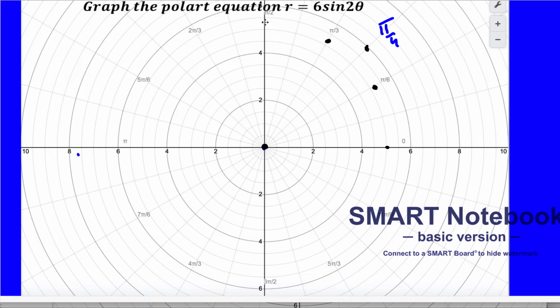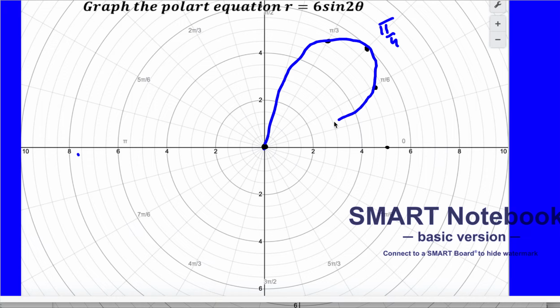Okay, if I go to pi over 2 and substitute pi over 2 instead of theta, 2 pi divided by 2 is just pi, but the sine of pi is 0. So 6 times 0 is 0, so it's going to be here. So this is going to be like a petal. So this form is going to be something like this.